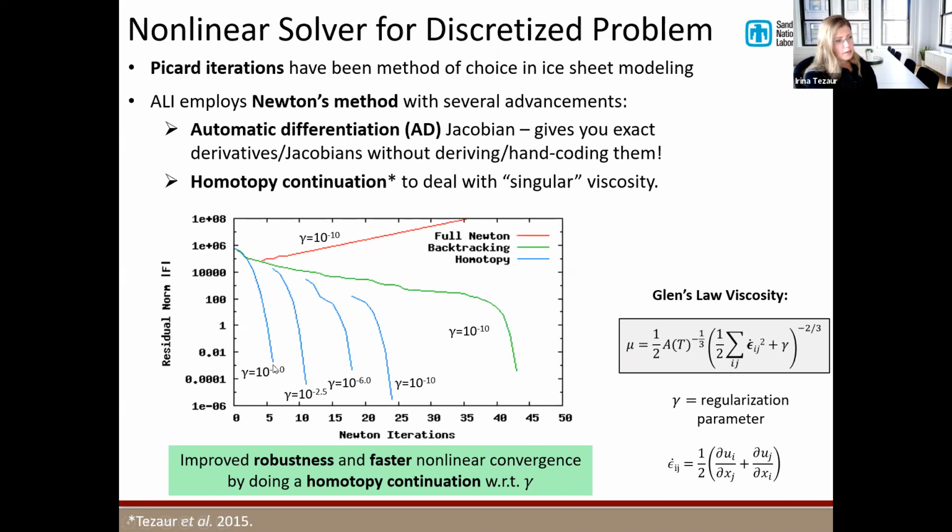When we solve this, we take the final solution and use it as the initial guess for the next Newton solve, which has a slightly smaller value of gamma. And then we continue this down to the 10 to the minus 10 value. What this buys us is a much faster and much more robust solve, where we can cut down the number of Newton iterations by almost a factor of 2. This is a very application specific thing that one can do that actually helps quite a bit for this problem.